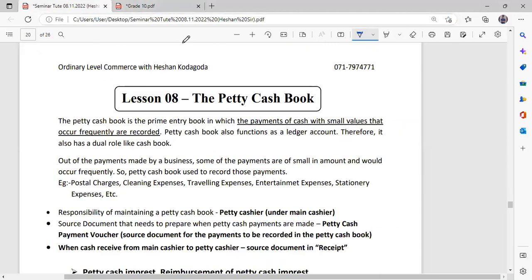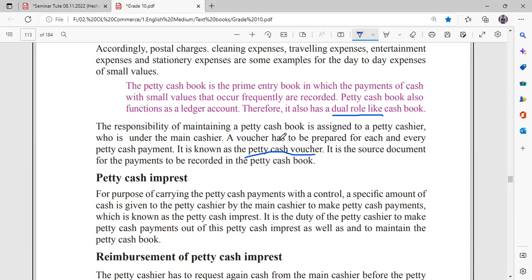The petty cashier needs to prepare a source document to represent all the petty cash payments, which is called a petty cash voucher. The petty cashier receives cash from the cash book, which means the main cashier. When the main cashier pays petty cash to the petty cashier, what is the double entry?